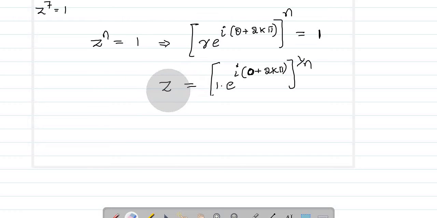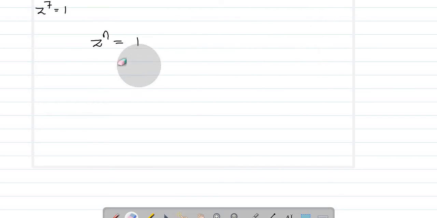Just a minute. So let me write z power n equal to 1, and this implies z equal to, this 1 can be written as 1 into e power i 0 plus 2k pi. And what you have is z power n.